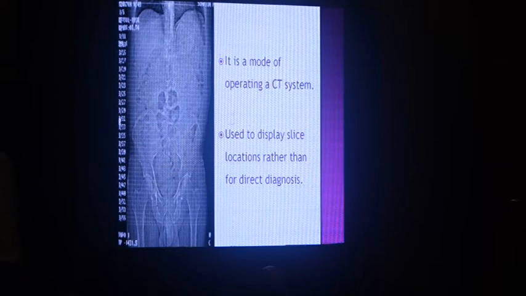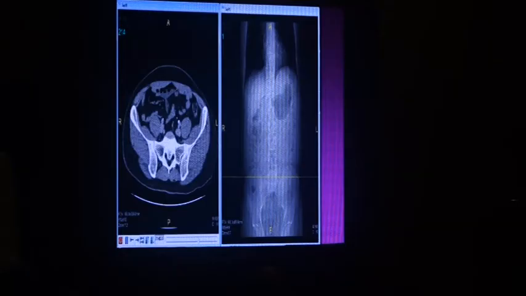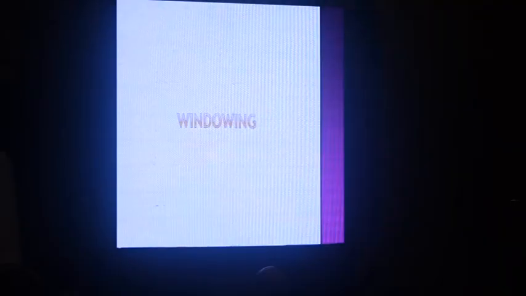Yes, this is basically the level of the slice. It is used to display the slice location. Here in this photograph, we can see that this axial or transverse image was taken at the level of the pelvis, so it is mentioned on the right side of the film.